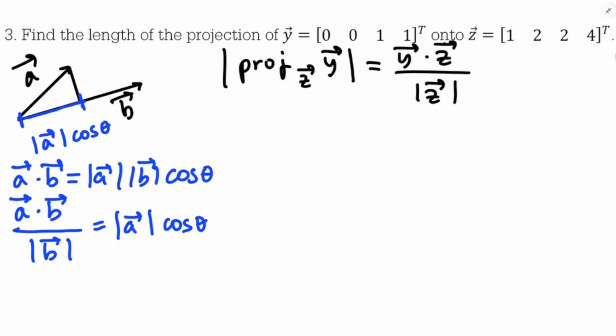So y dotted with z is going to be 0, 0, 2, and 4, which is 6. Over the length of z, which is 1, 2, 2, 4: that would be 16 and 4 is 20, 4 more is 24, 25. So the square root of 25 is 5, and 6 over 5 is going to be the length of my projection.